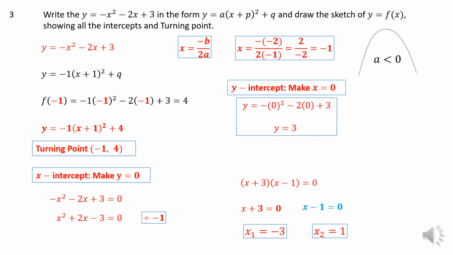So my graph is going to be there, and here is going to be the -3, and here is going to be the +1, and also the graph is to the left. So I expect the y-intercept to be 3, and then I can also complete my turning point.